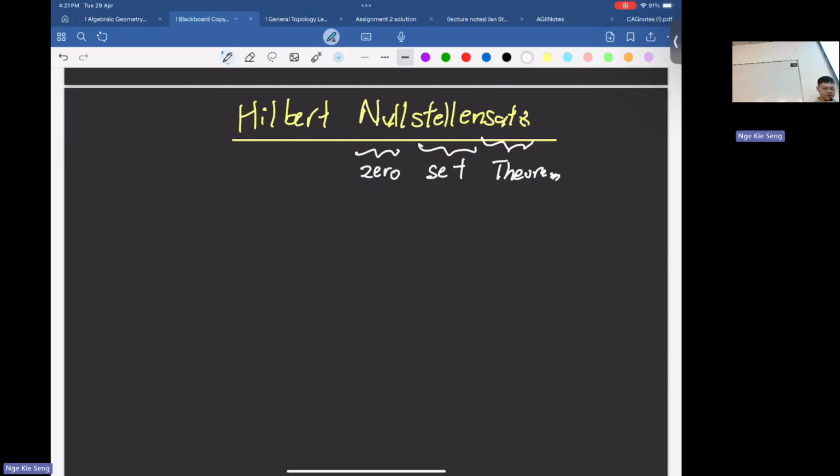This is given by Hilbert. You know who Hilbert is? Hilbert is quite famous in mathematics. I think he's like a modern Gauss, and he also did a lot of areas in mathematics.